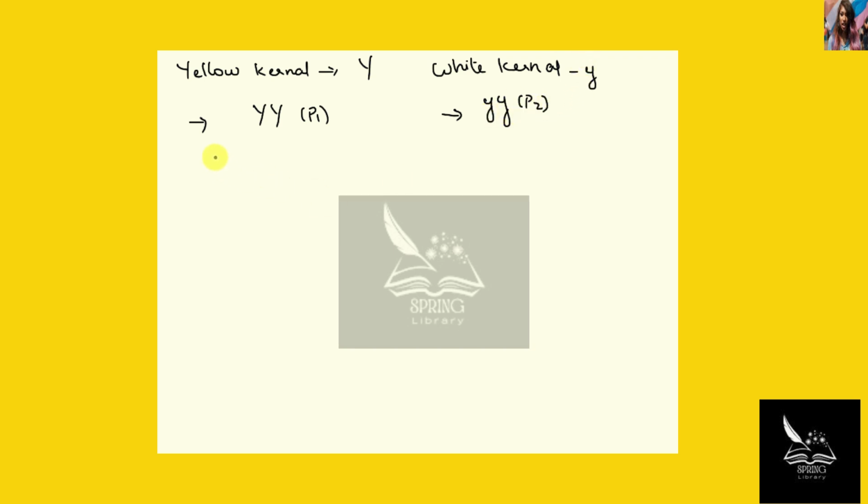the gametes produced by each parent here will be of the same type because both the parents are homozygous.